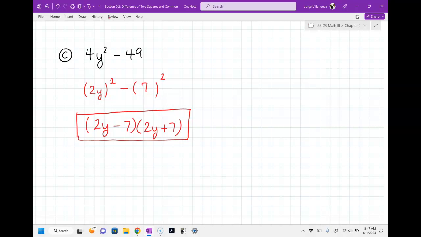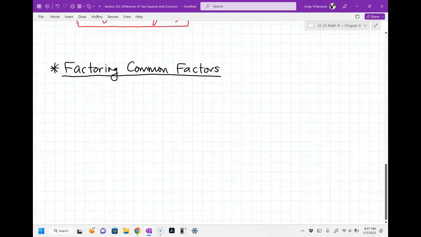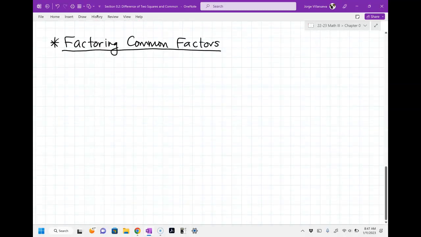The next 6 problems of the homework are just factoring common factors. So we'll do 2 of these, and then I'll give you guys the homework.